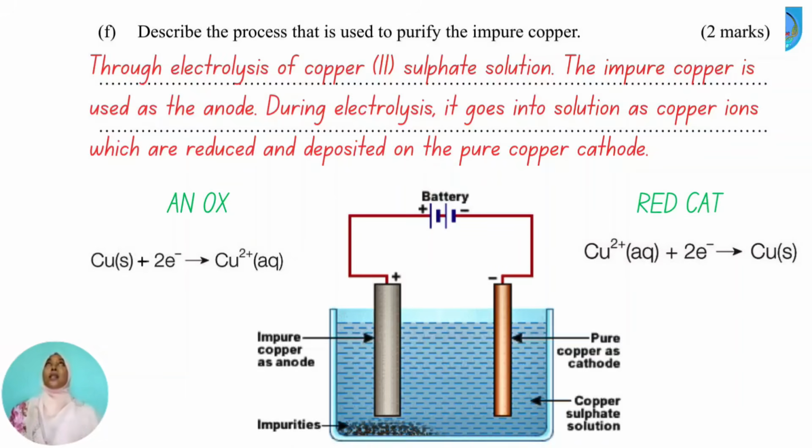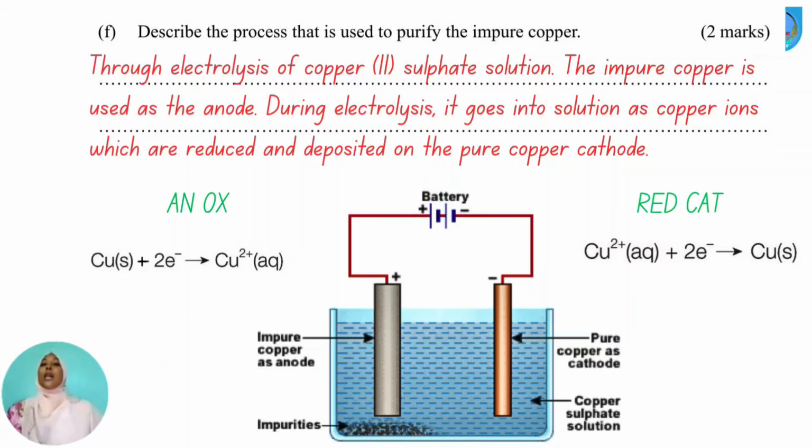As you can tell, this is a redox reaction, okay? You are going to have one chemical species losing electrons, and these electrons are going to be gained by another. And that is the reason why when we talk about redox reactions, we say that reduction and oxidation need to happen simultaneously, at the same time. Because if you're talking about a chemical species gaining electrons, where are those electrons coming from? From another chemical species that has lost them.